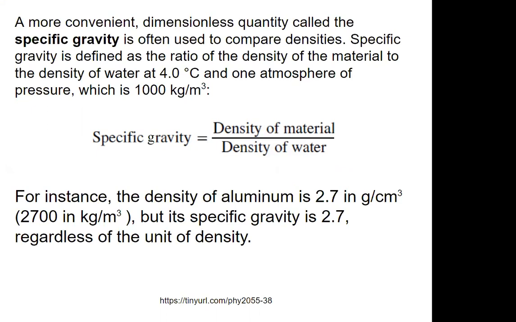So if the problem gives you specific gravity, that means a ratio of two densities, so it will just give you a number without any unit because the units cancel out. For example, the specific gravity for aluminum should be 2.7. You basically do 2.7 grams per centimeter cubed divided by 1 gram per centimeter cubed, which gives you 2.7.